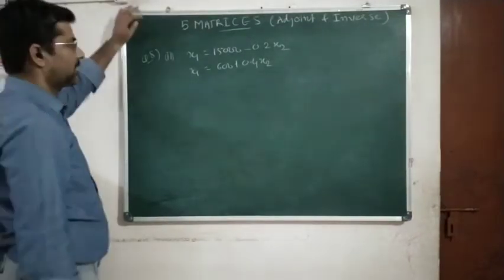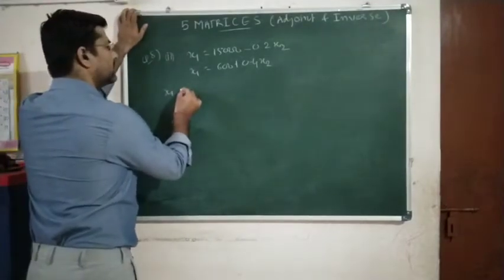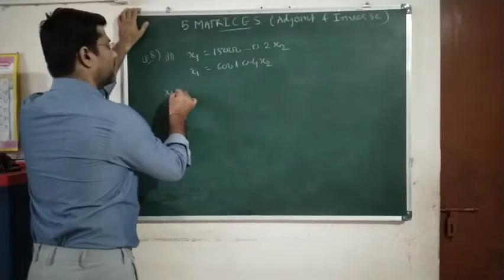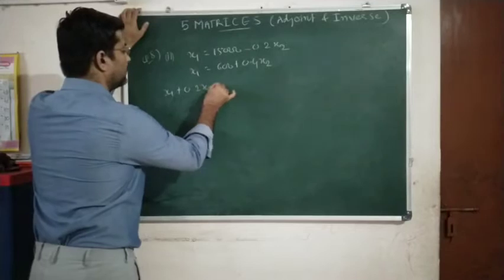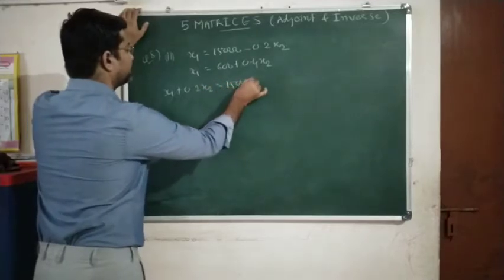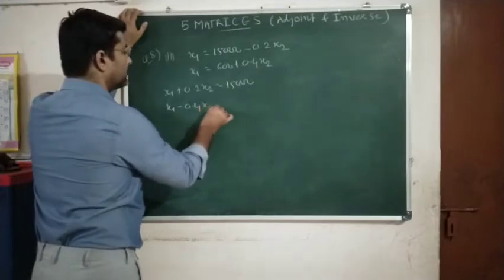Okay, so obviously matrix equation we will write down for this. Let us first convert these equations into standard form. x1 plus 0.2 x2 is equal to 15,000, and x1 minus 0.4 x2 is equal to 600.